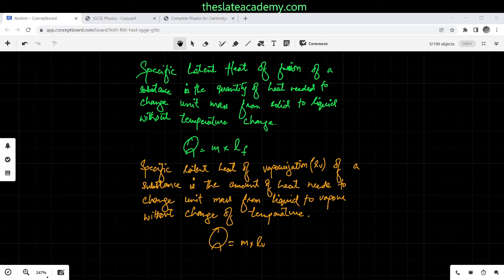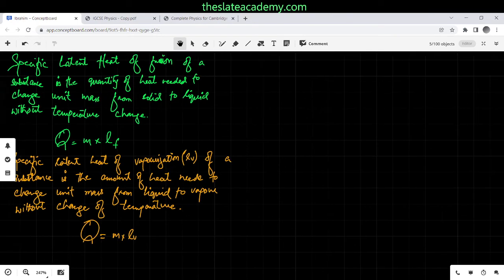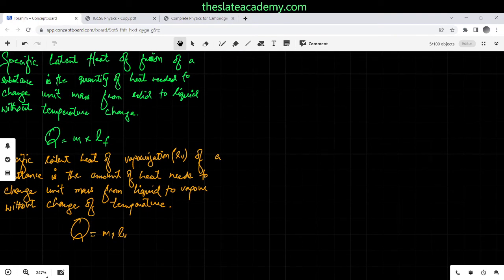Okay, then there is this one small thing that we need to know. What are the differences between evaporation and boiling? What is evaporation and what is boiling? Are they two different names for the same thing, or are they two different things?